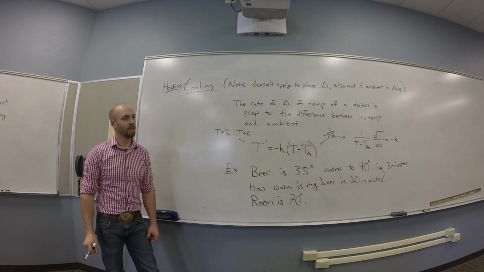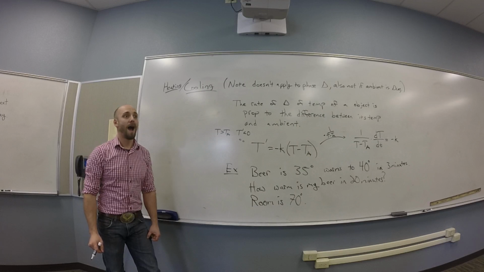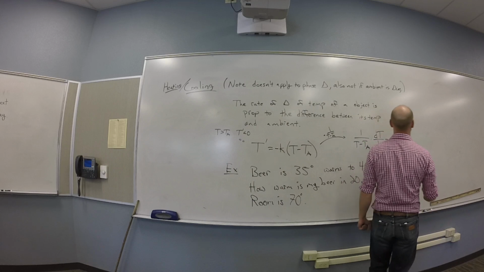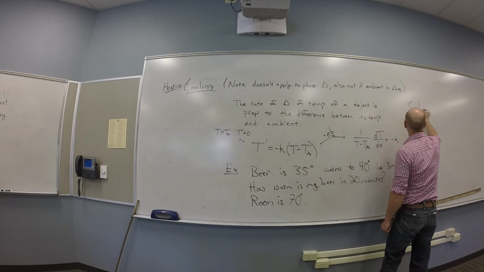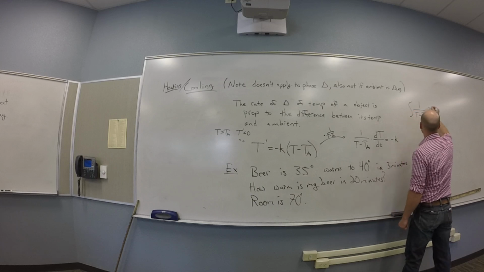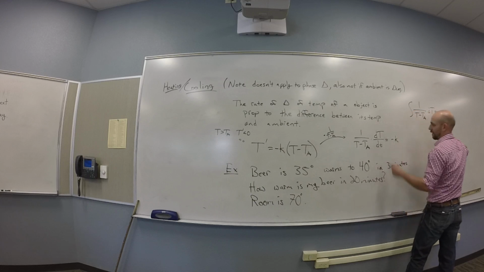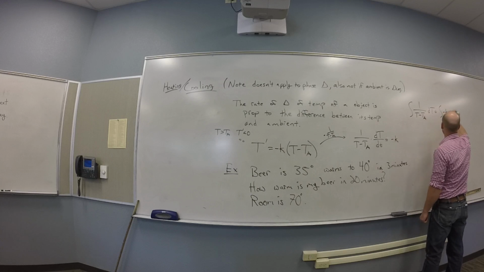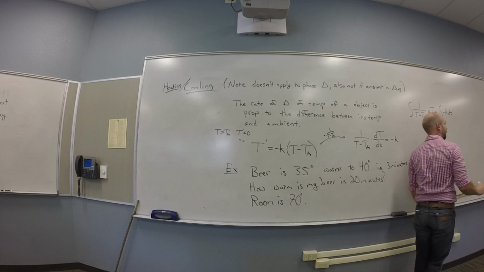Then what? Slap some squigglies on this thing. So you should get the integral of 1 over T minus T ambient dT is the integral of minus k dt.